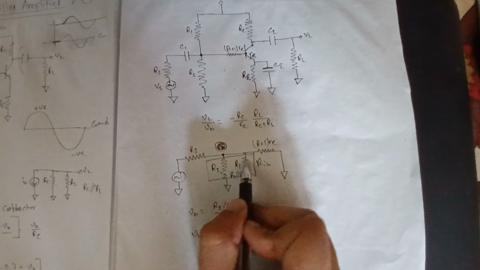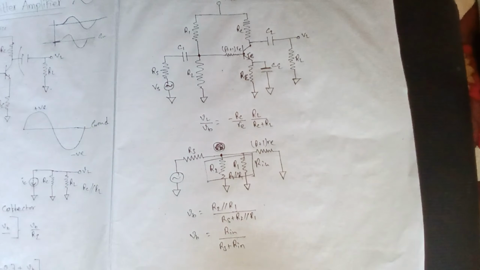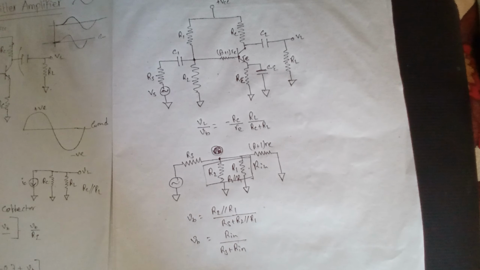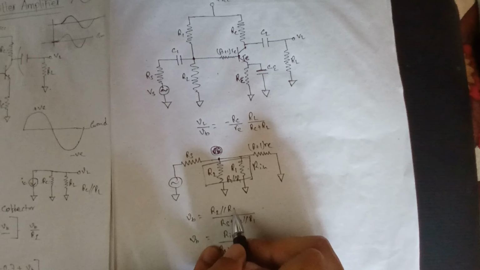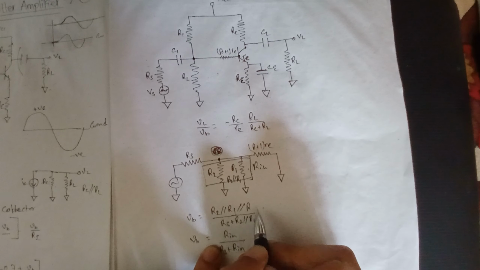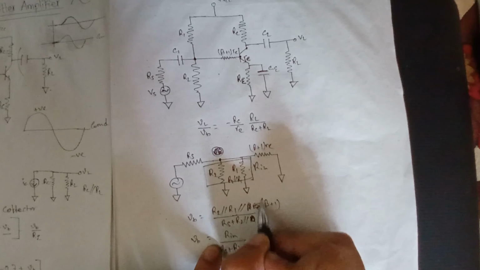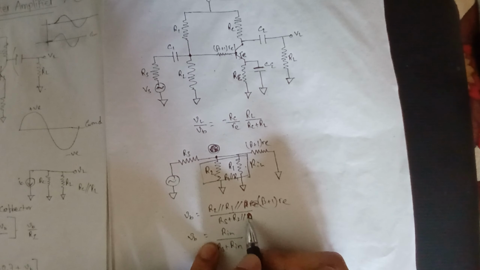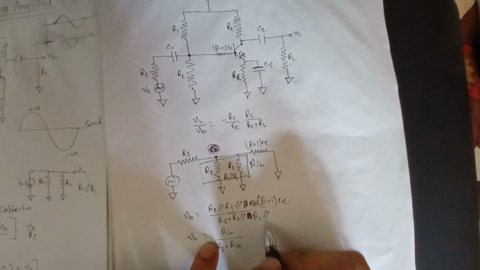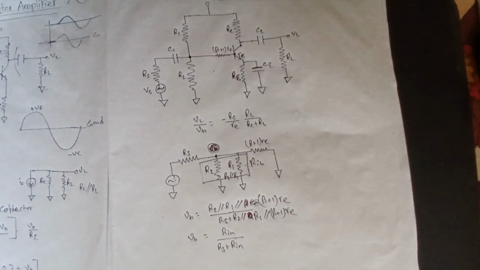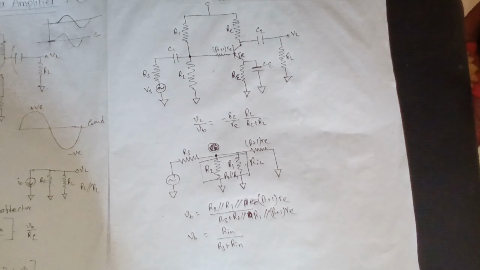So instead of doing this, we'll put another resistance here, which is in parallel to R2 and R1 itself. So this Rin becomes R2 parallel to R1 parallel to beta plus 1 times (small re plus RE), and this is the formula that we get, the ultimate formula, and this is what's given in most of the books.